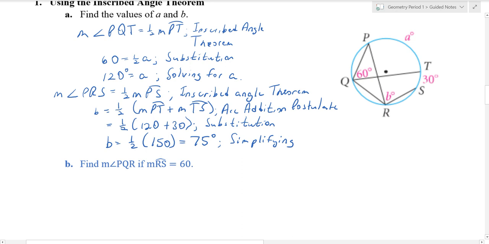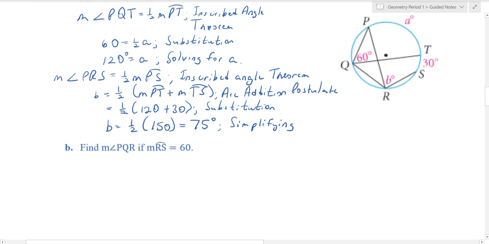All right. So the first thing that we take a look at is that we can use the inscribed angle theorem here.